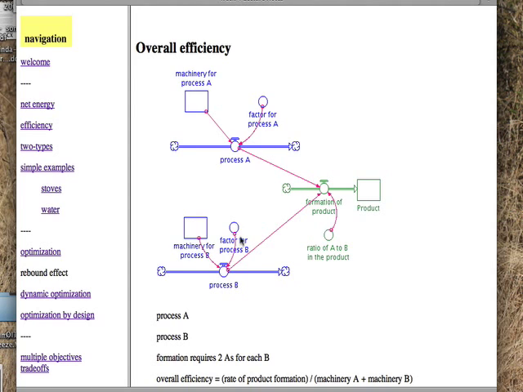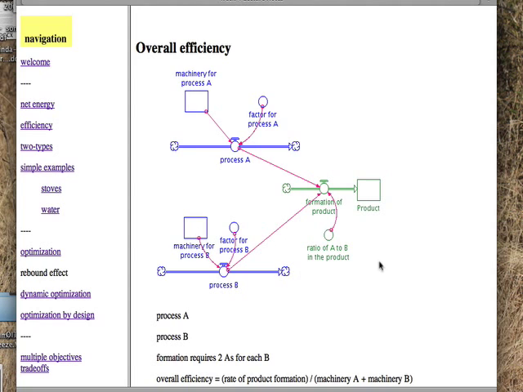And we have 10 of this and a factor of 0.5 for this process. We get 5 per unit time. When we come over here, we get 5 of A and 5 of B, but we only need 2.5 of B to make this product. So this machinery is working well, but in the context of this overall efficiency, we've got too much of this.